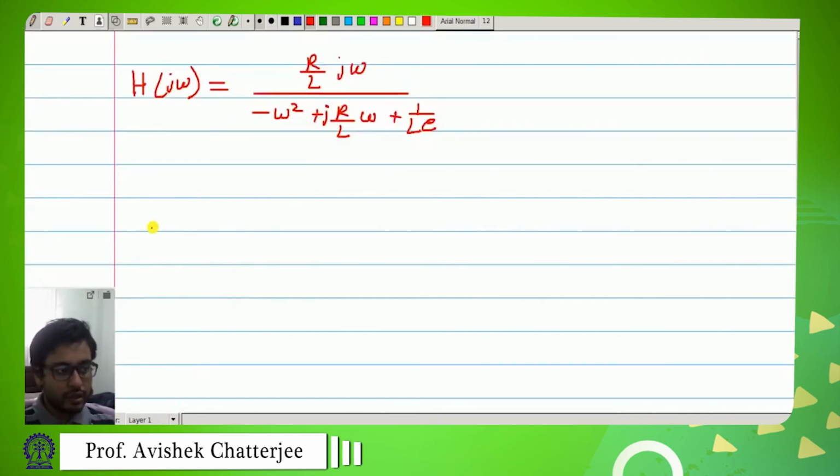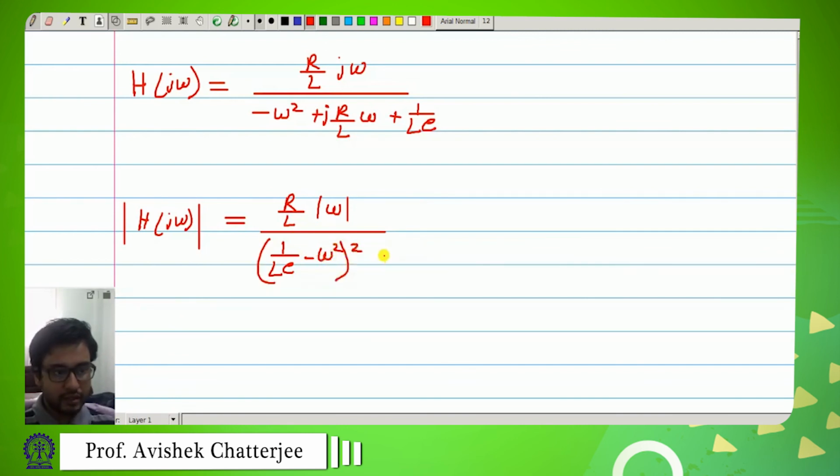So now the magnitude of H(j omega) will be equal to the magnitude of the numerator, R by L constant, times the magnitude of omega, divided by the square root of (1 by LC minus omega square, the real part, squared, plus the imaginary part, R by L omega, squared).